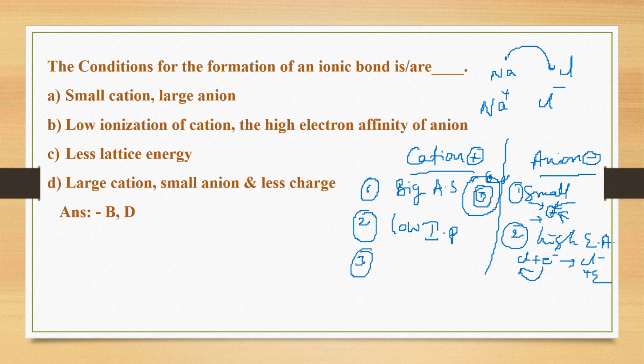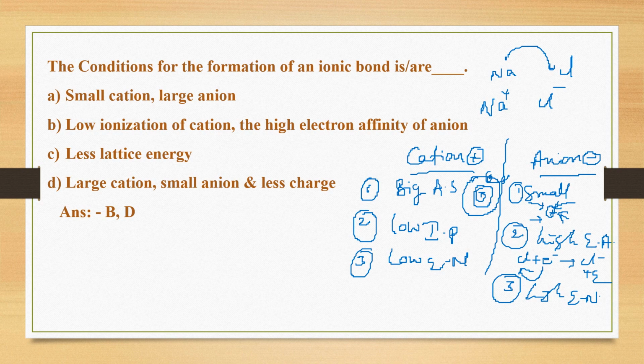Next, low electronegativity. Electronegativity is the tendency to attract the bonded electron pair towards itself. High electronegativity means it must attract, so for the anion, high electronegativity. These are the favorable conditions for the formation of cation and anion. And what about lattice energy? More lattice energy is required.